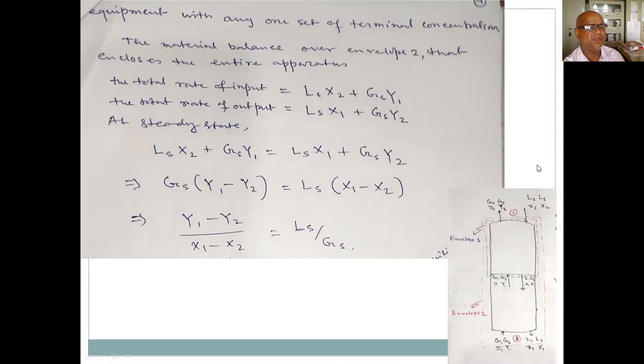For the whole equipment, at point 1 entering is LS X2 plus GS capital Y1, and out is LS into capital X1 plus GS into Y2.